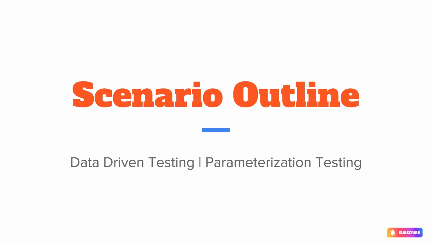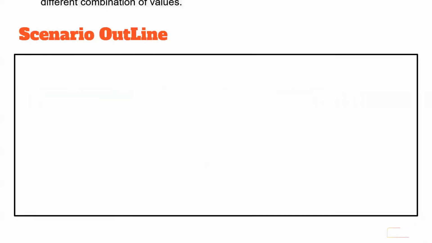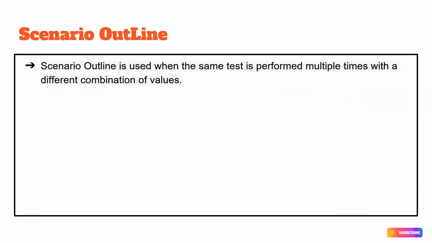We'll see the definition of scenario outline first, and then we'll get deeper into the scenario outline context. So what is scenario outline? Scenario outline is used when the same test is performed multiple times with a different combination of values. That means you have only one scenario, but that scenario can be tested with multiple sets of data, various combinations of data.